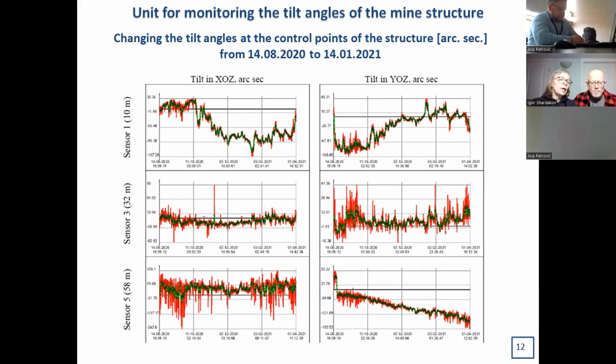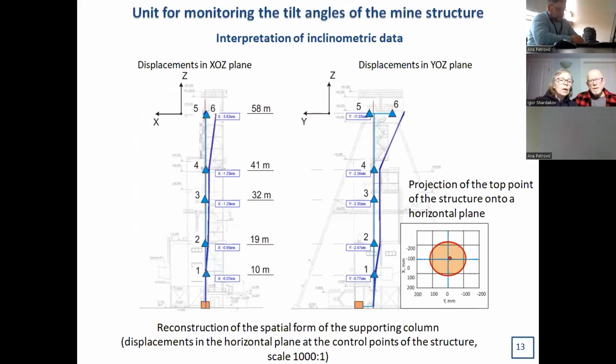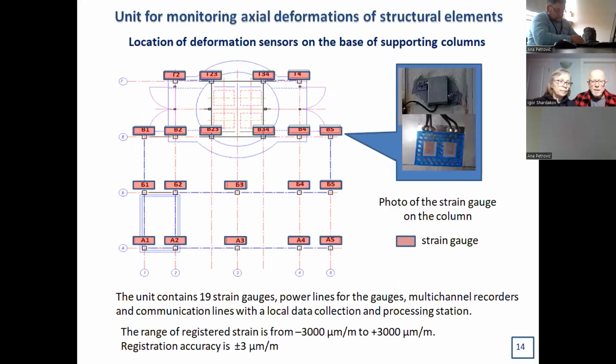Such location of the sensors made it possible to reconstruct the distorted spatial shape of the structure. If we know the actual shape of the structure, we can evaluate an important control parameter, the deviation of the highest point of the structure from its original position.